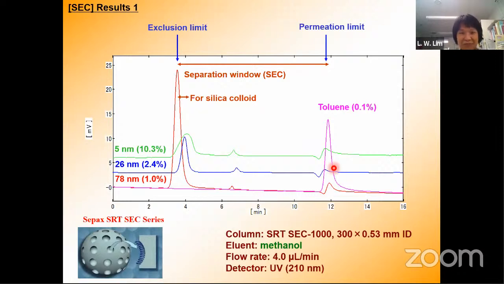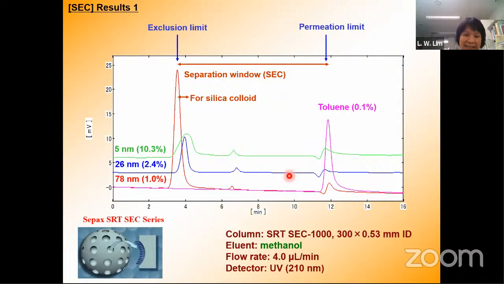Sometimes when you want to buy an SEC column, some companies offer a very cheap column. Then you have to compare the quality of the material. Sometimes it is not so good. Same size, 30 centimeters, but if the inside is not good, then your separation window is very small. So it's useless.